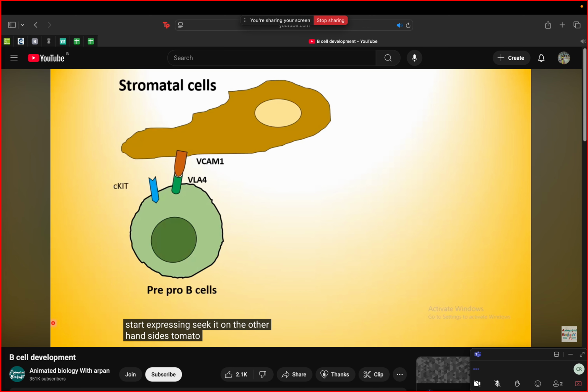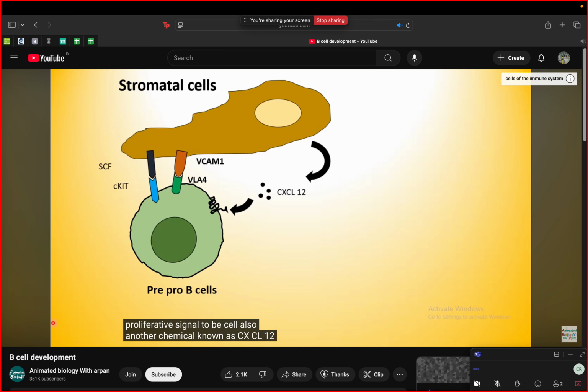On the other hand, the stromal cell expresses stem cell factor or SCF. This SCF and c-KIT interaction is an important clue for the proliferative signal to the B cell. Also, another chemokine, CXCL12, mediated signaling is very important for the pre-pro B cell.